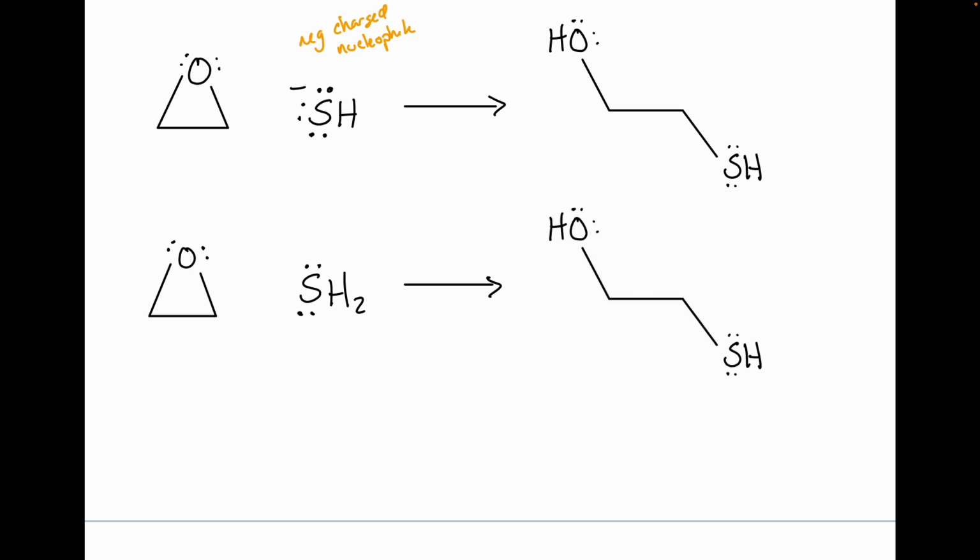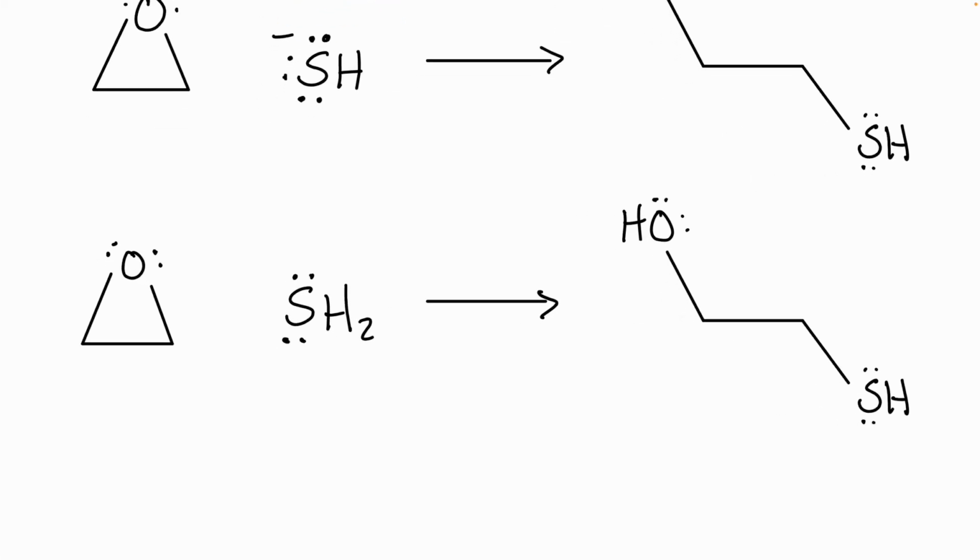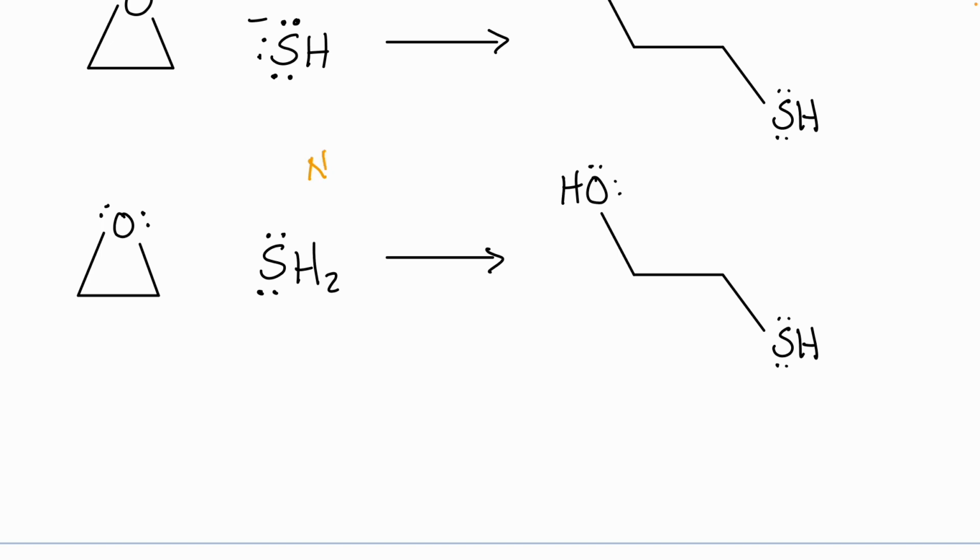My product of this reaction is the exact same because remember, our neutral nucleophiles, they lose a hydrogen when added. All right, we talked about this back when we were talking about our alkyl halides.